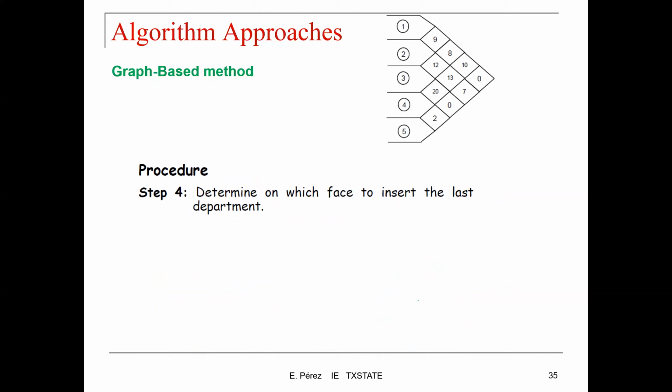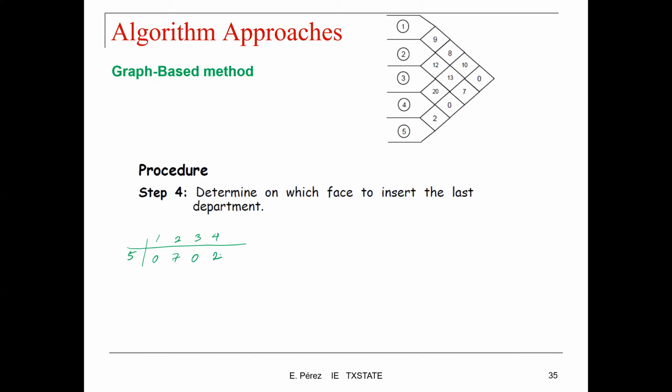So determine on which phase to insert the last department. So I have 5, I have 1, 2, 3, and 4. And this is 0, this is 7, this is 0, and this is 2.